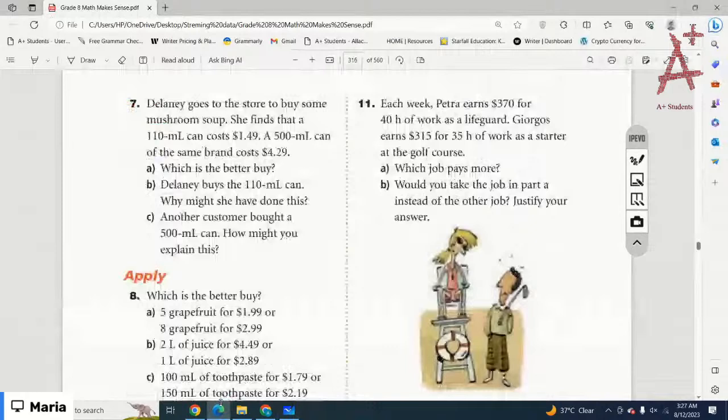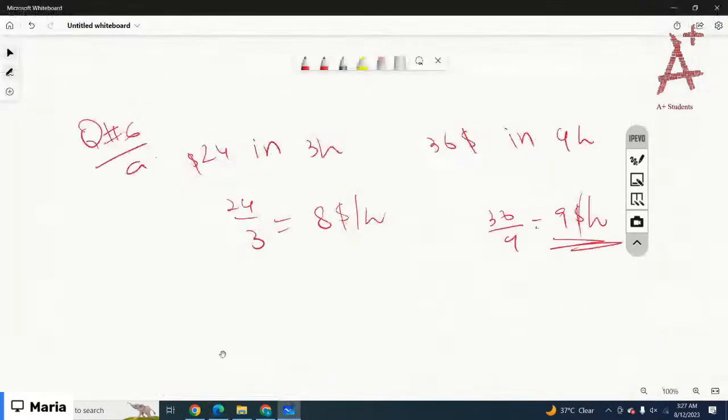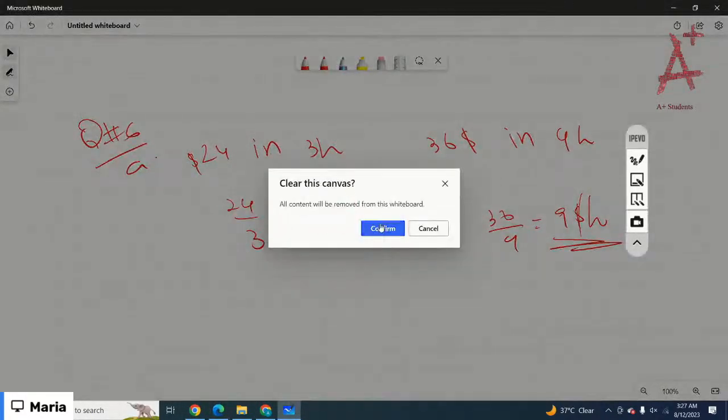Which is a better buy? So you have to calculate the value per 100 ml, right? You have to see which one is a better buy, right?